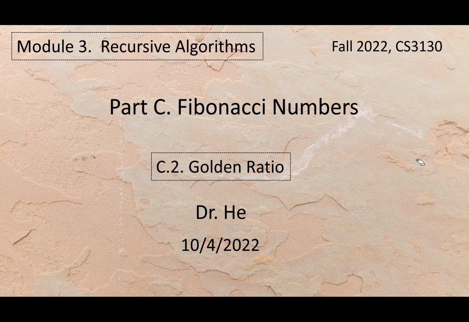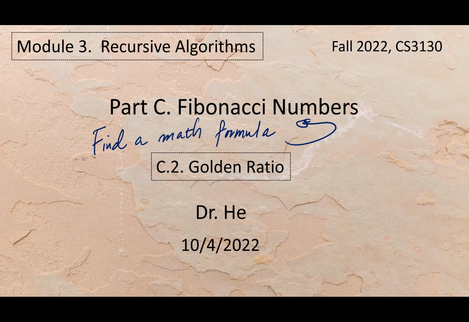But last time we also mentioned one possible way to find the solution. So that is to find a math formula for Fibonacci numbers. Yeah, you can imagine if we find a math formula for Fibonacci numbers, we can plug in.